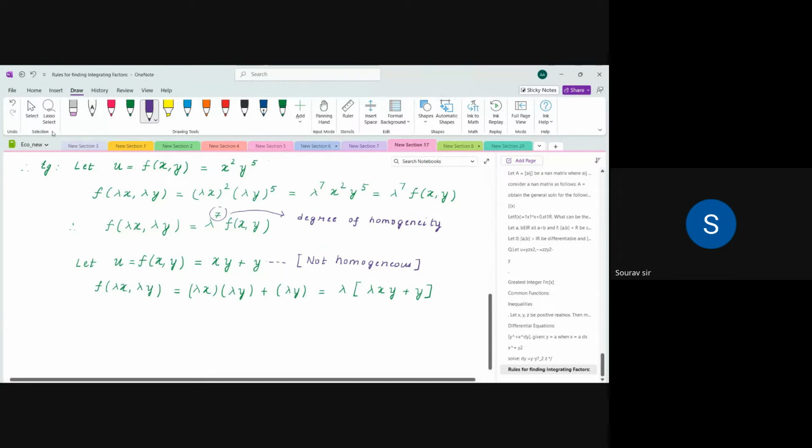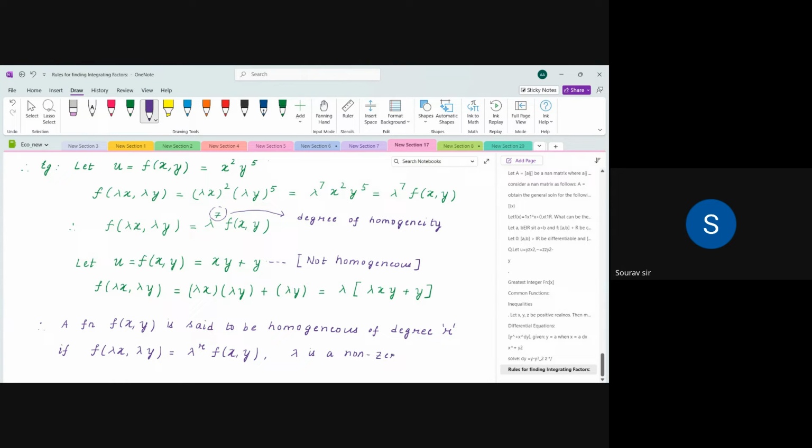Okay. So the basic idea of homogeneity is: a function f of x comma y is said to be homogeneous of, let's say, some degree r if the function of lambda x comma lambda y becomes lambda raised to the power r times f of x y, where lambda is a non-zero scalar.